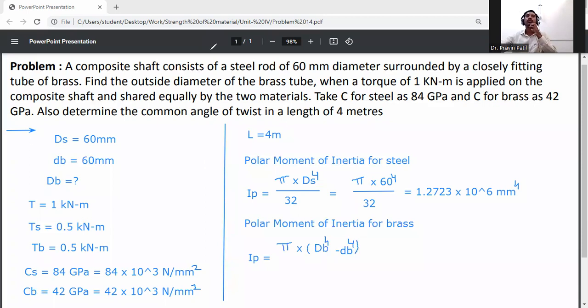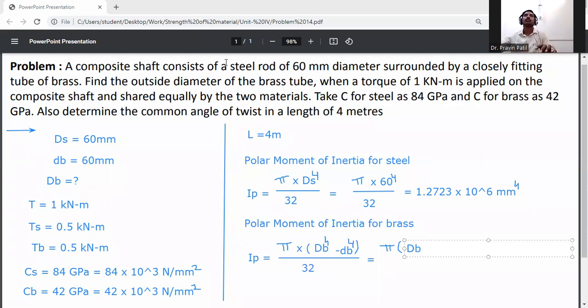The external diameter of brass, DB, we need to calculate; it is unknown.